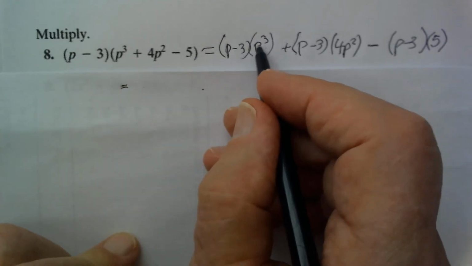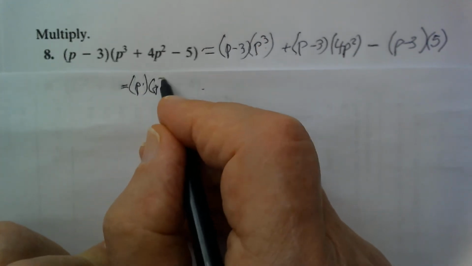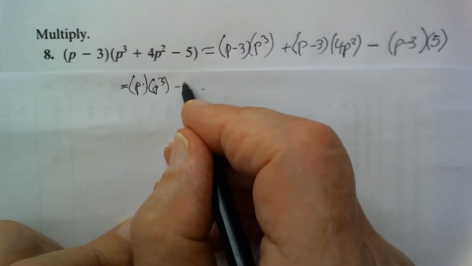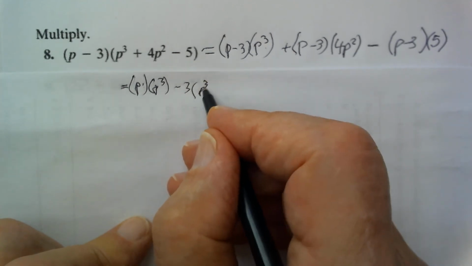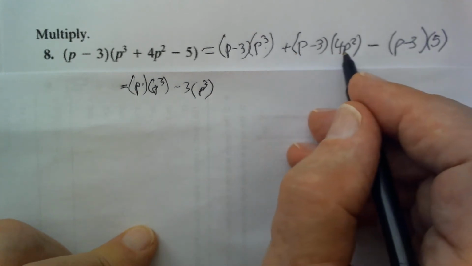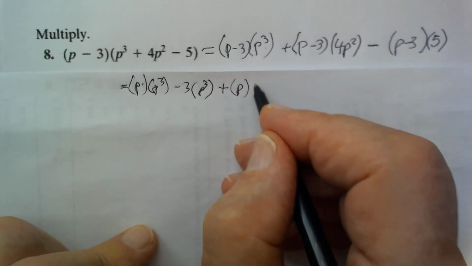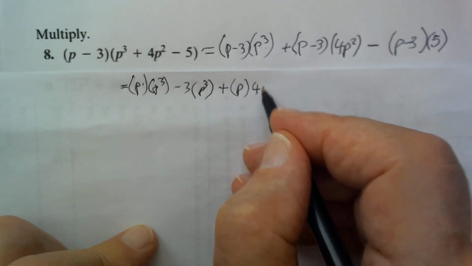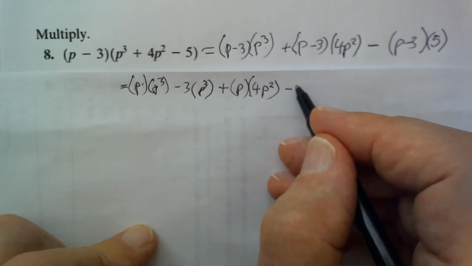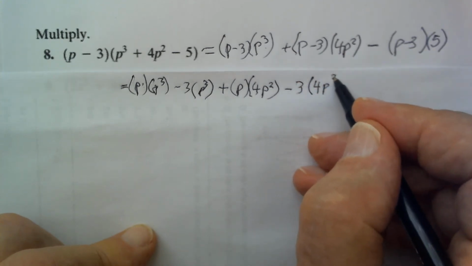We get p times p to the third. So I'm going to take one step in between. P times p to the third, and then minus 3 times p to the third power. And then we have p times 4p squared plus minus 3 times 4p squared.